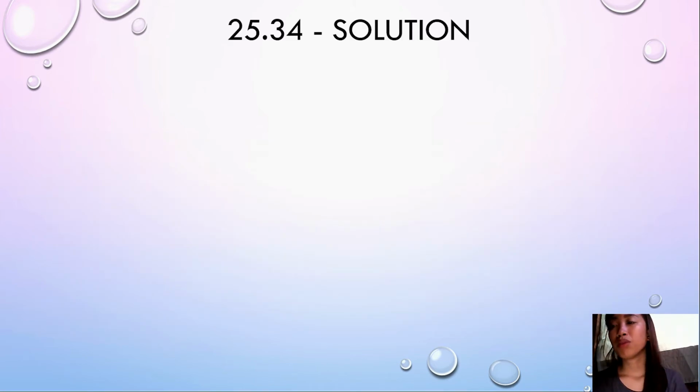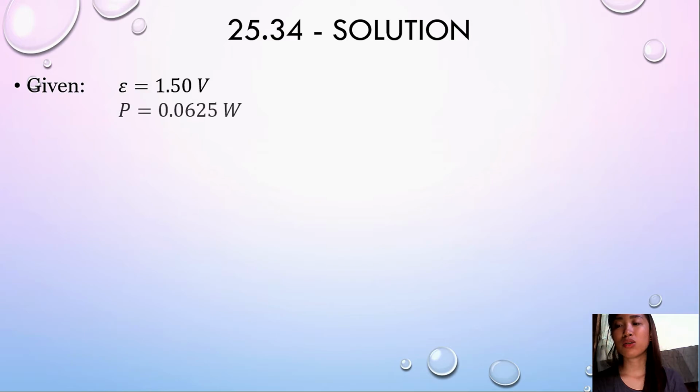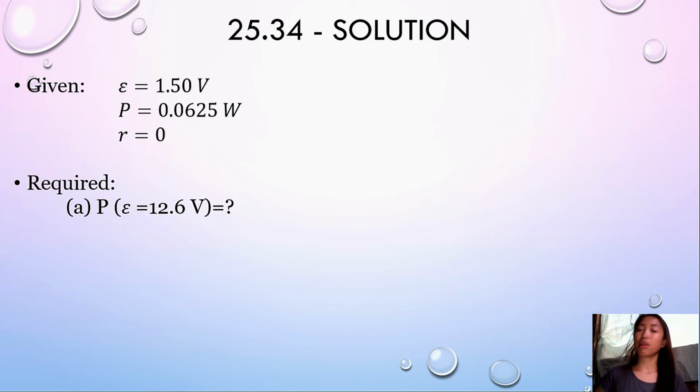In this problem, we are given the EMF of the battery, which is 1.50 volts, where the resistor consumes a power of 0.0625 watts. Also, we can neglect the internal resistance of all batteries, where r equals 0. We are required to find the power where EMF is 12.6 volts and the voltage when the power is 5 watts.